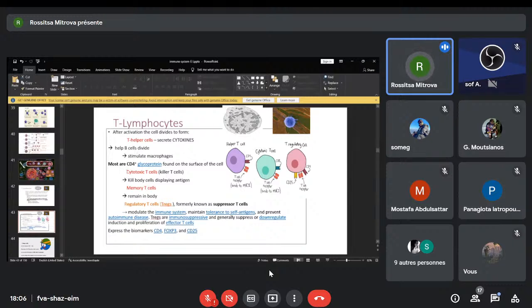Another subdivision are the cytotoxic T cells or killer T cells. They kill body cells that display antigen and remain in the body. And the regulatory, now they are called regulatory. They were formerly known as suppressor T cells, but they are now T regulators.